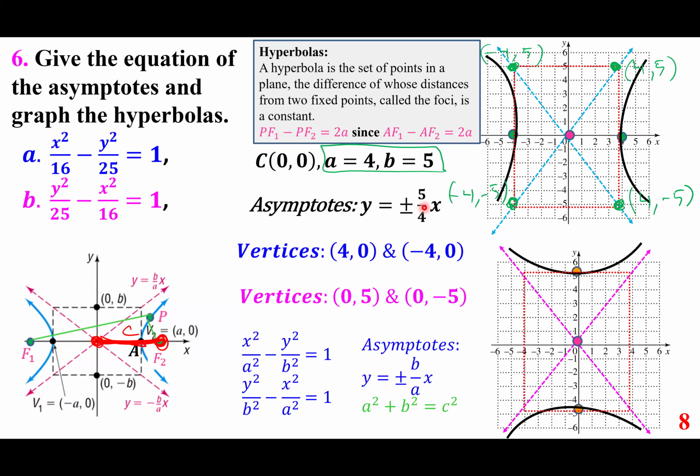The difference is this one, because x squared over 16 has a positive value, the vertices are along the x-axis, and therefore it opens sideways. But this one, because y squared over 25 has a positive value, the vertices are on the y-axis at 0, 5, and 0, negative 5, and it opens up and down. So that's important to understand.